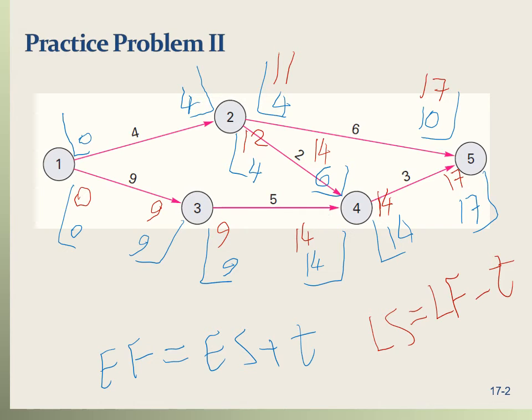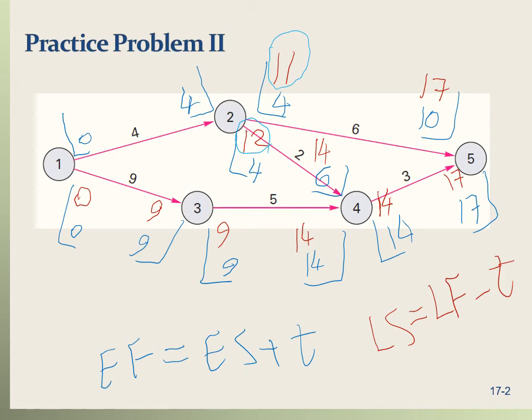So that means the smallest of the latest start of 2 to 5, which is 11, and the latest start of 2 to 4, which is 12. So both activity 2 to 5 and 2 to 4 cannot start later than the latest finish time of 1 to 2.